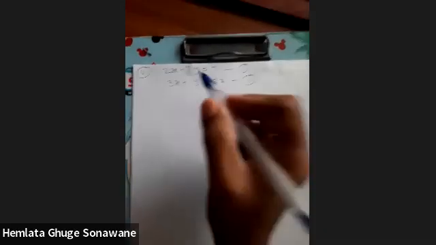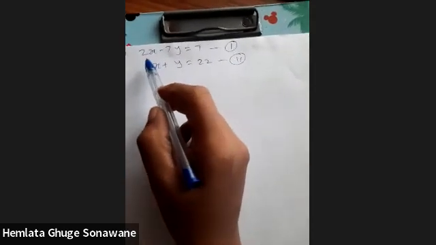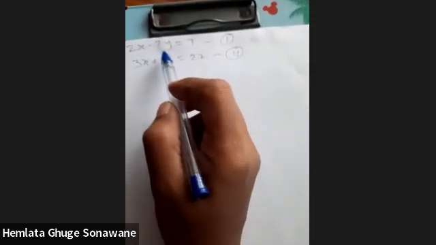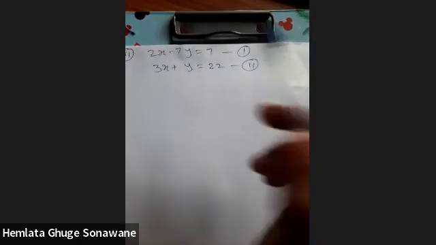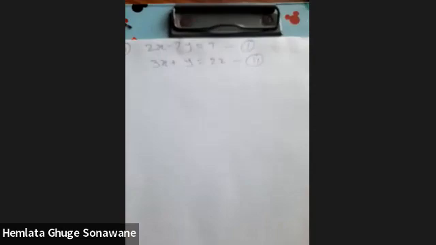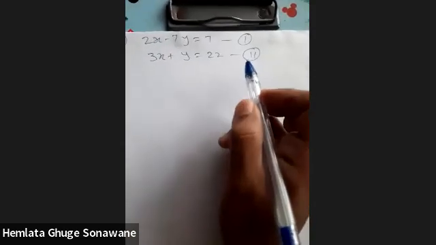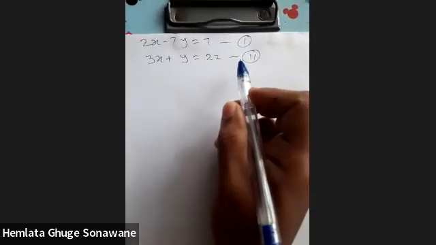Sixth example of question number 3. First equation given, that is 2x minus 7y is equal to 7, and second is 3x plus y is equal to 22. This is our second equation.